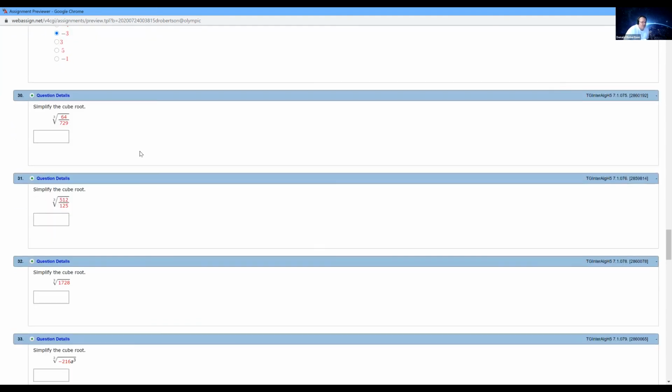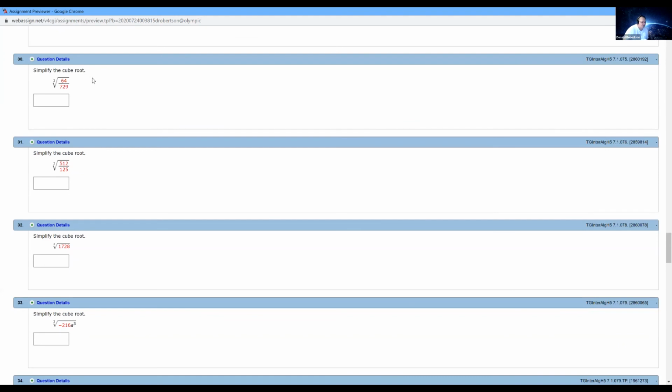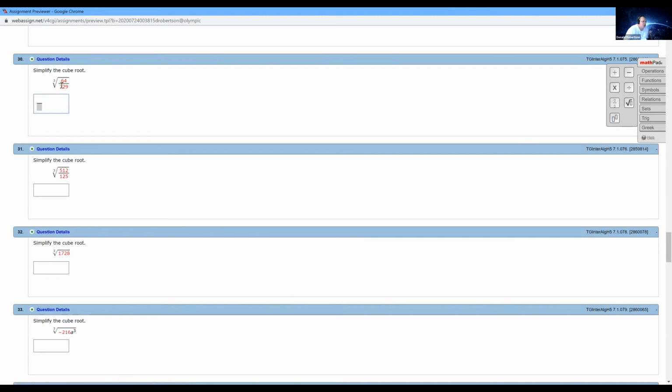Right. Now, I only did square roots of fractions, but you know that we can do cube roots of fractions the same kind of way. So let's imagine that we were doing this one here, right? Don't you do the cube root of 64 on the top and the cube root of 729 in the bottom, and the cube root of 64 is 4.